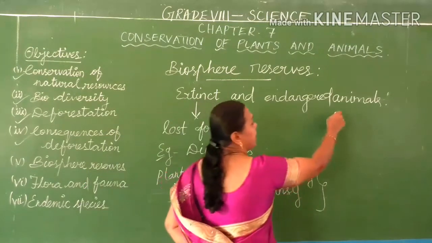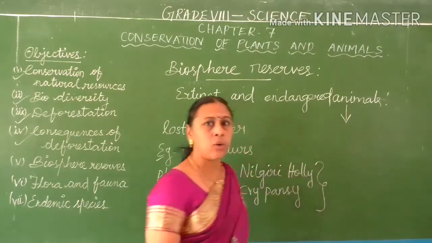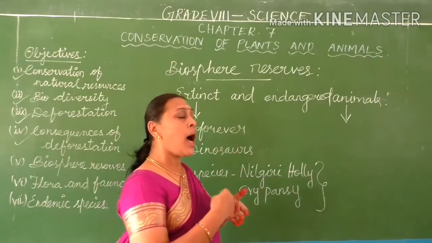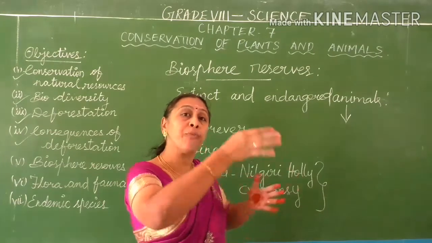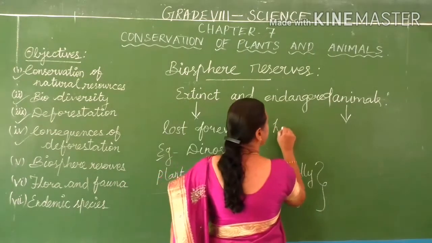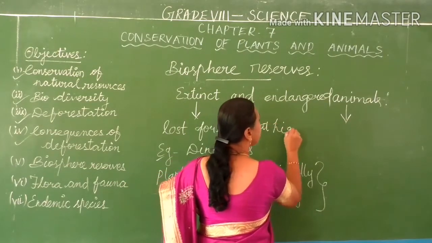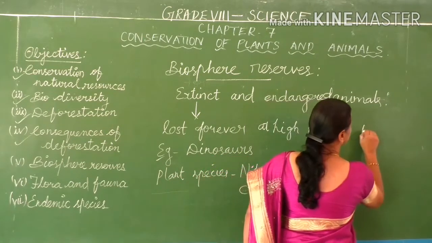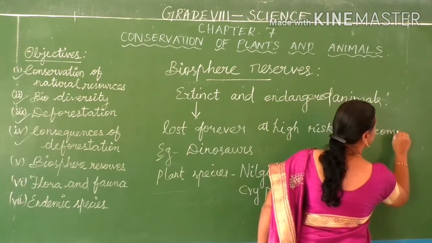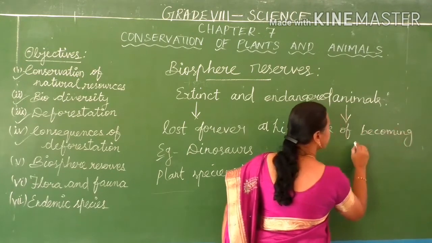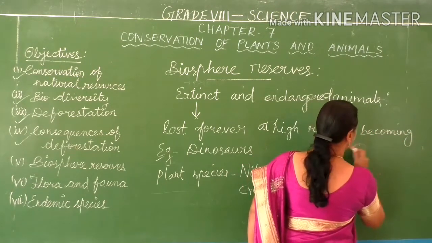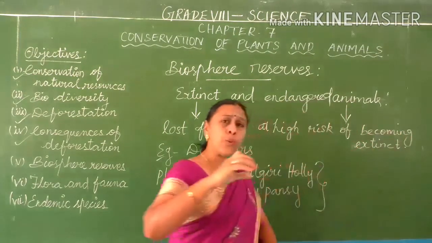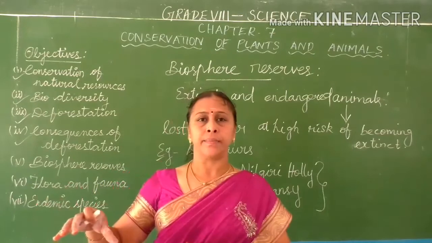Then, endangered animals. What are endangered animals? That means they are at high risk of becoming extinct. That means very few numbers are present.